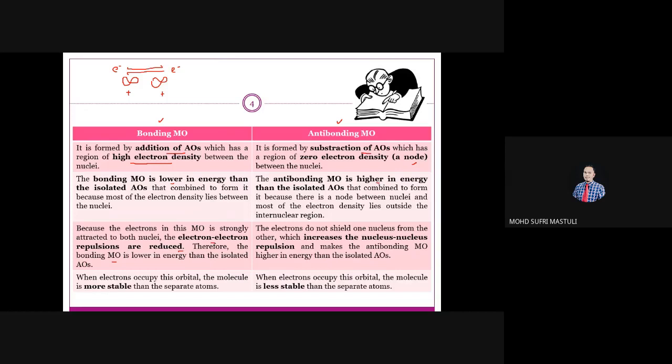For the anti-bonding, the repulsion increases. Whether you use electron repulsion or nucleus repulsion, it is the same, due to the increase in repulsion, because in the anti-bonding they have a node in the middle, so the electrons will be further away. So it shows the repulsion increases, or higher repulsion.